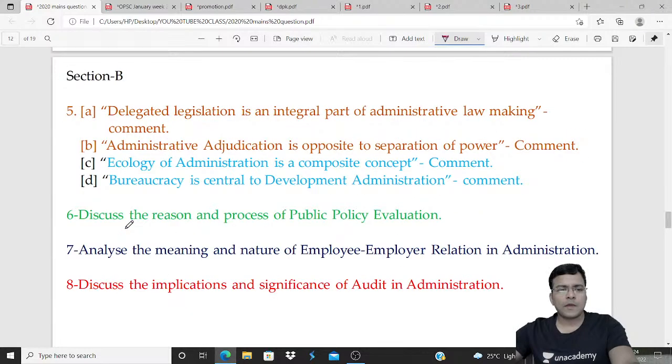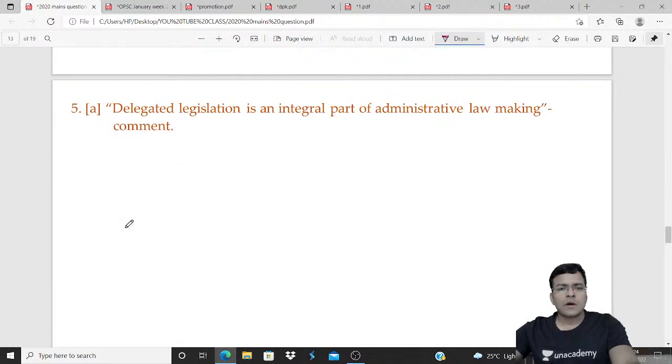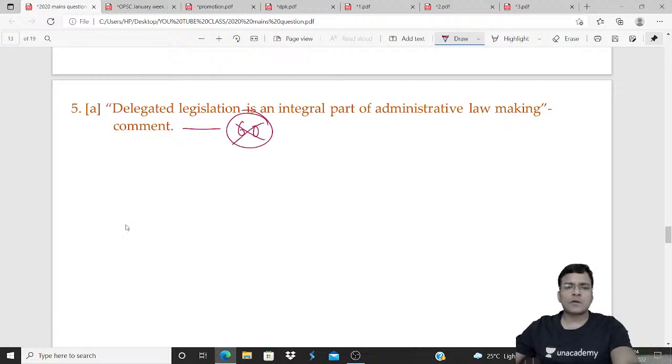Next, again. Delegated legislation, I have told that it will come as a 60 mark, but unfortunately it came as a 20 mark. Delegated legislation is an integral part of administrative lawmaking. Yes, we have discussed what is delegated legislation. Example is ordinance.